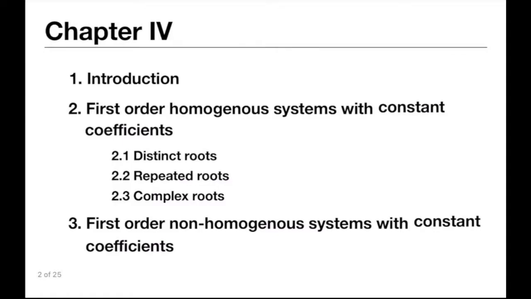First I'll give you the outline of the chapter. First, we'll talk about the introduction: what are systems of linear differential equations? Second, we will talk about the first order homogeneous.